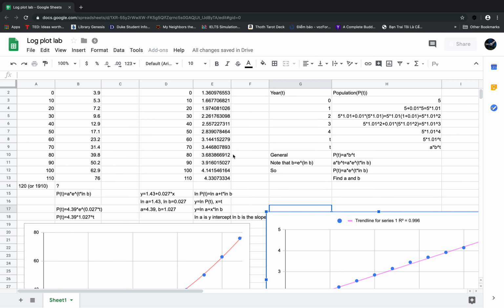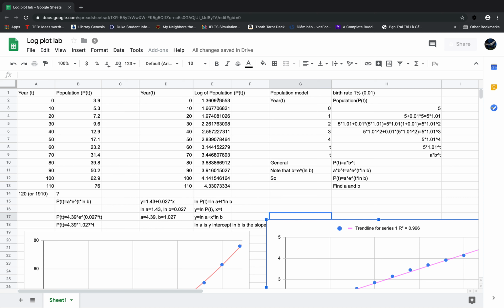In this example, I will do log of the population. So this one, 1.36, is log of 3.9, 1.66 is log of 5.3, and etc. At the end of 110, 4.33 is log of 76, right?